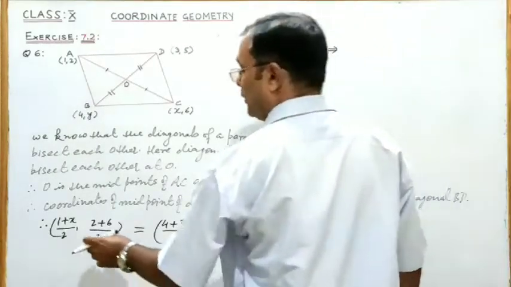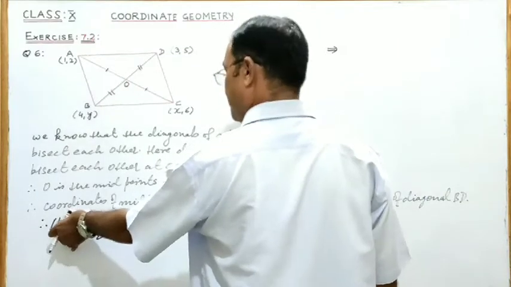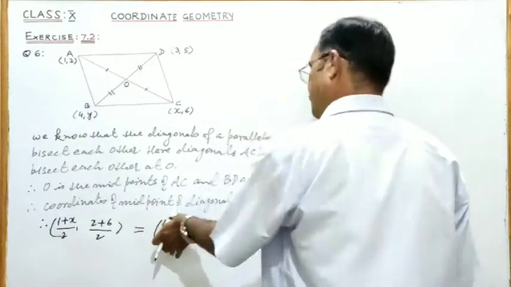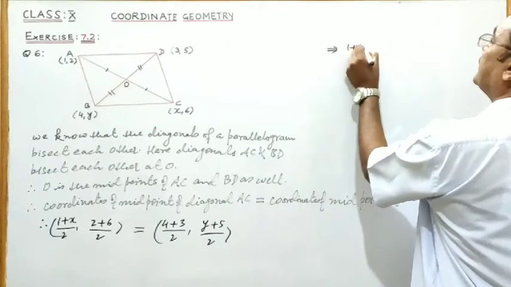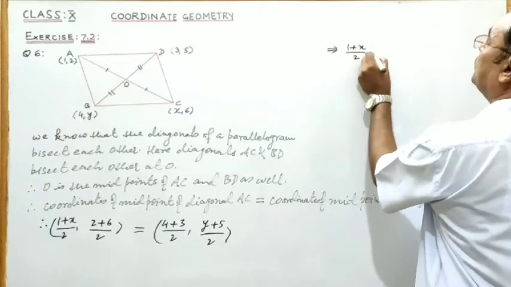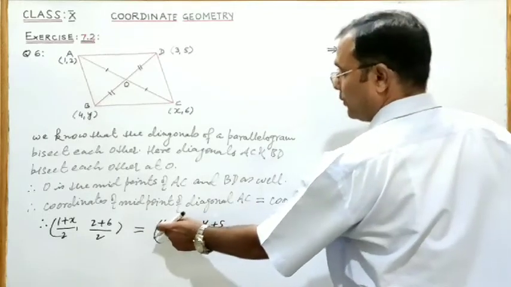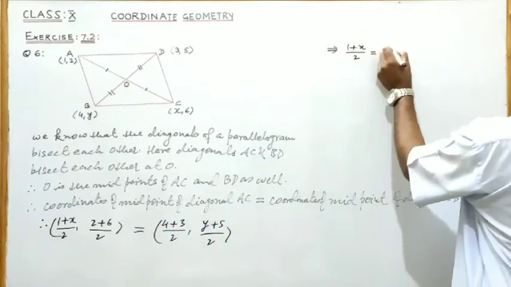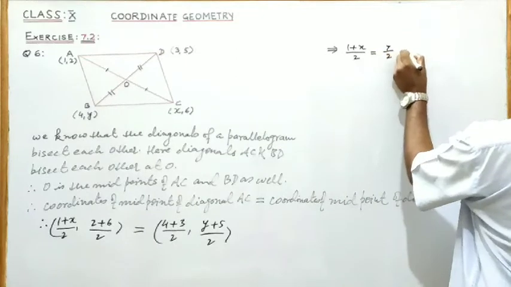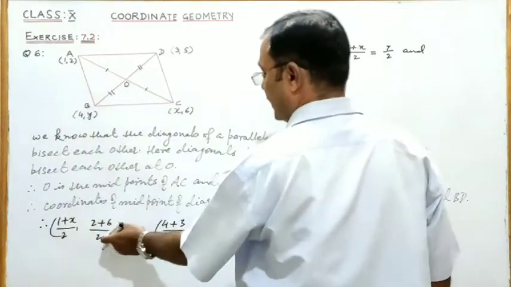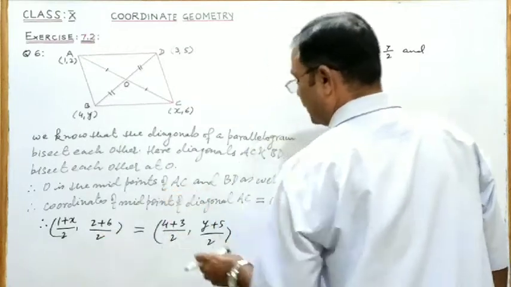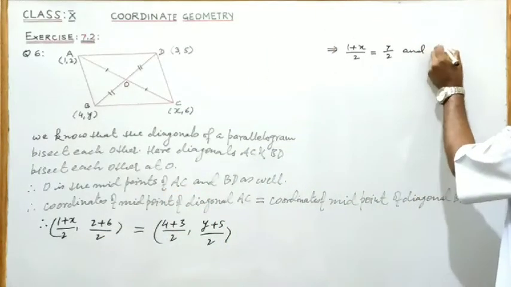on comparing, we can write 1 plus x by 2 is equal to 4 plus 3, 7 by 2. X coordinate equal to x coordinate and y coordinate equal to y coordinate.